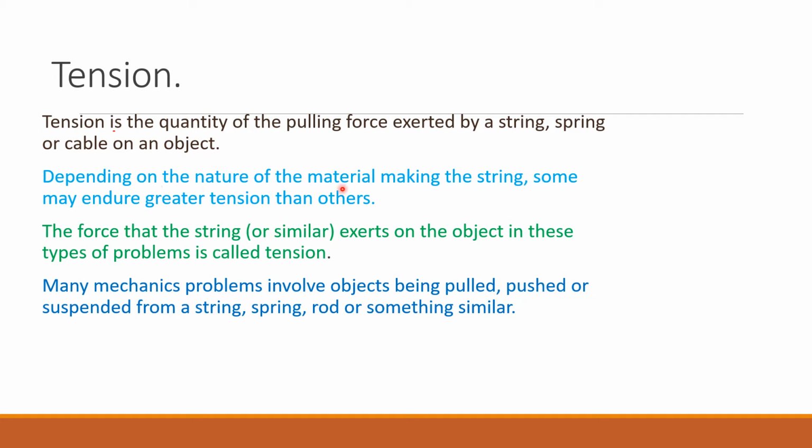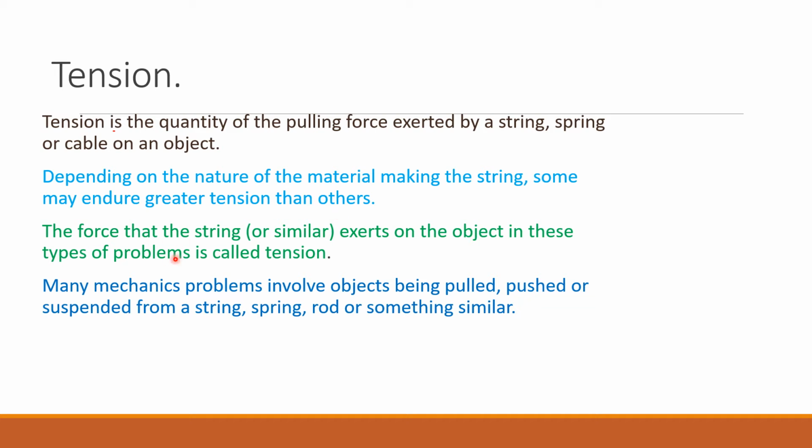Depending on the nature of the material making the string, some may endure greater tension than others. For example, a rope made of manila, and let's say its circumference is small, it can endure less force than a string made of steel that has a thicker circumference.